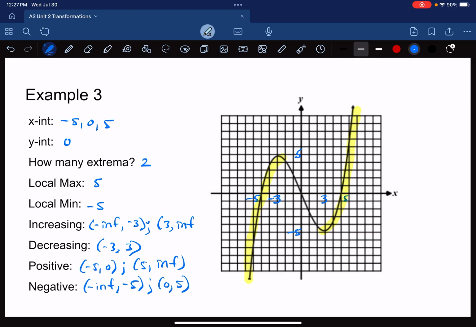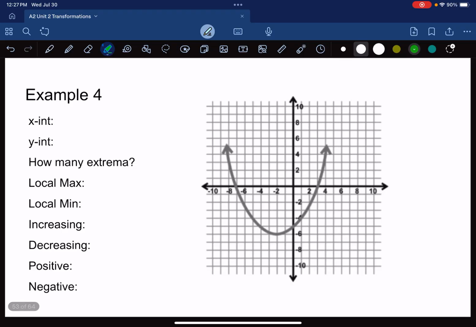Okay? So I can show you those. Let me erase what's on here. So we've got positive here and here. And we got negative here and here. Okay. All right.